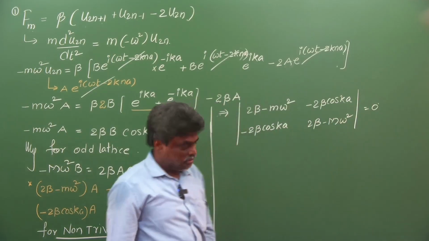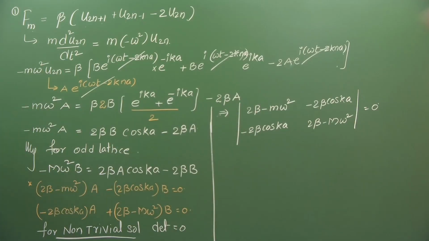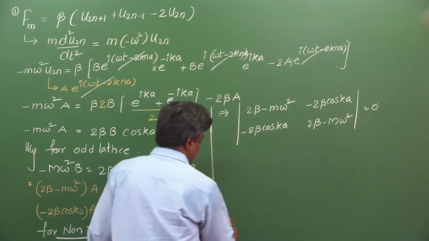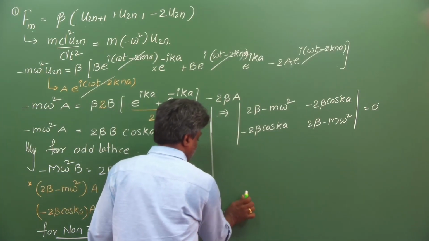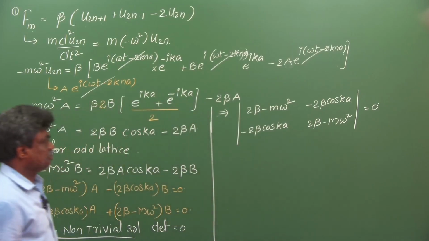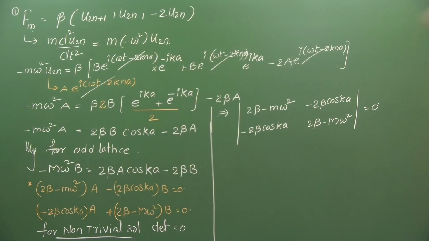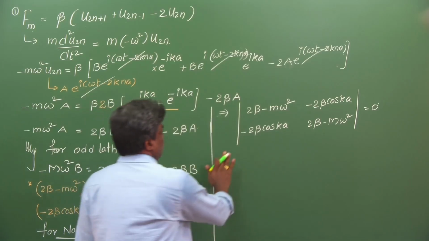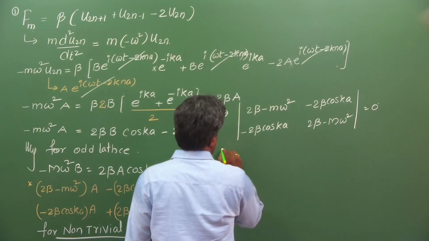Equal to, find the determinant. Find the determinant and you will get an equation in terms of omega power 4. Come and do it. Just a small determinant, multiply.